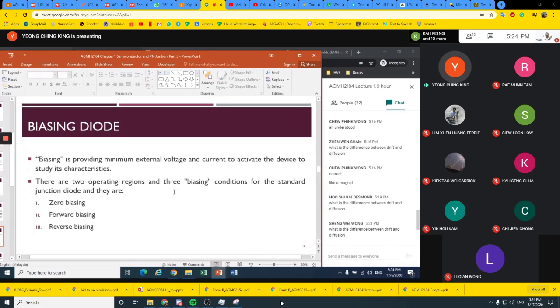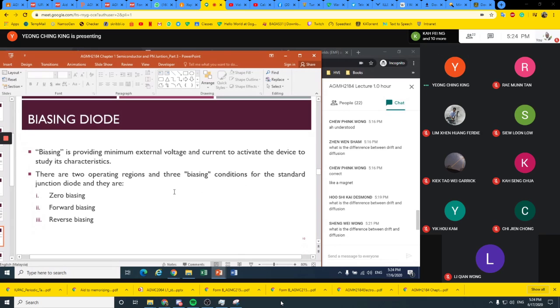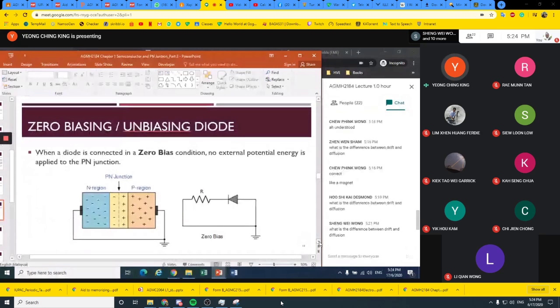So zero biasing is very simple. That means we are not connecting the diode to any external supply. That one is called zero biasing.